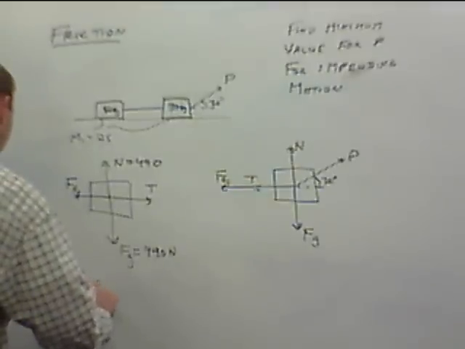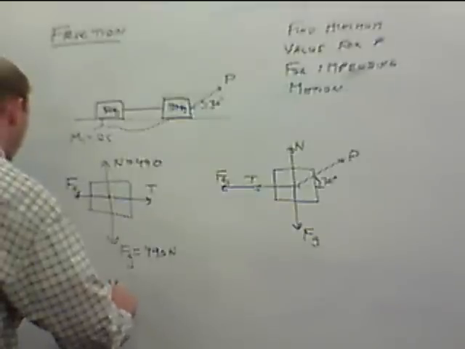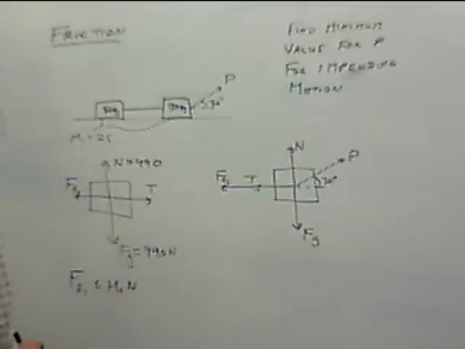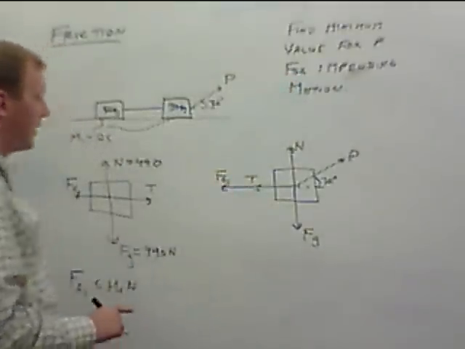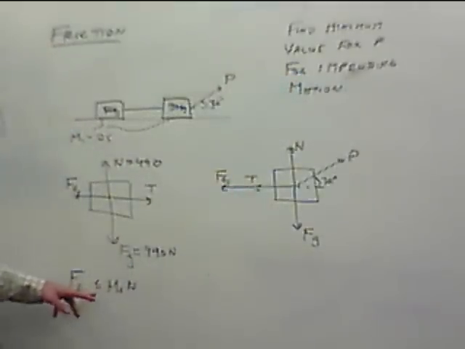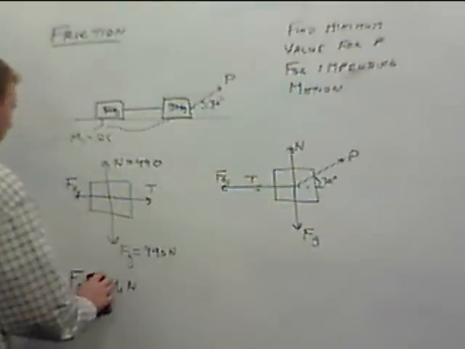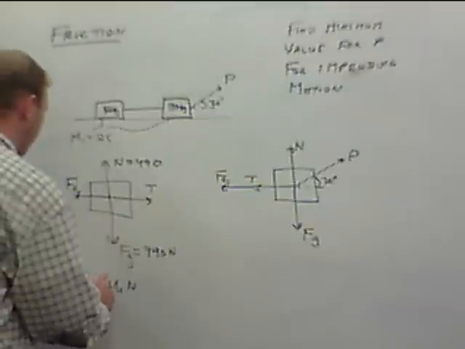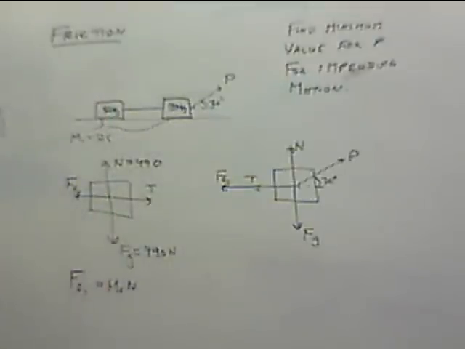Force of static friction is, again, technically less than or equal to mu s times N. But because we're looking for impending motion, we're looking for the point where friction's reached its maximum, so it's not going to be less than, it is going to be equal to for the case of impending motion.